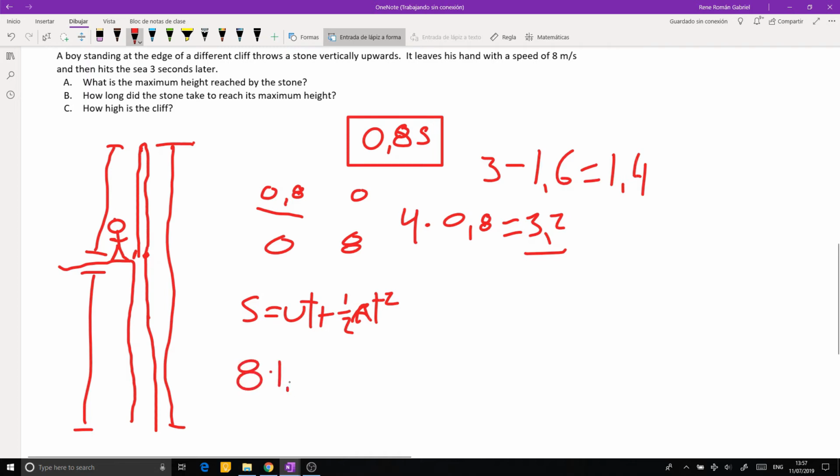So what we'll do is 8 times 1.4 plus 1/2 a t squared. Acceleration is 10, so that's 5 times 1.4 squared.